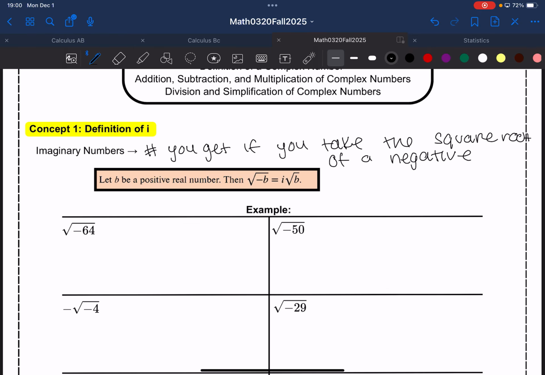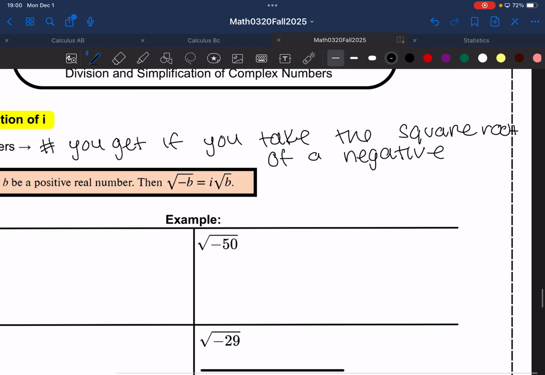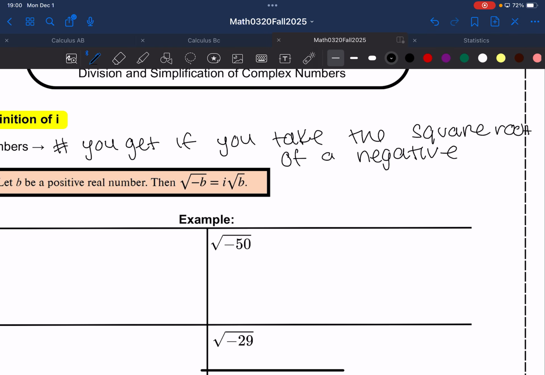Before we would say, okay, the square root of negative 64, well, we know that is an even nth root. We can't have negative, so it must be no solution. Well, from here on out, since we're introducing imaginary numbers, we are not going to say no solution. It's going to be a solution, just not a real one.